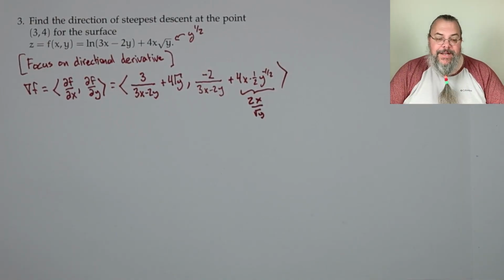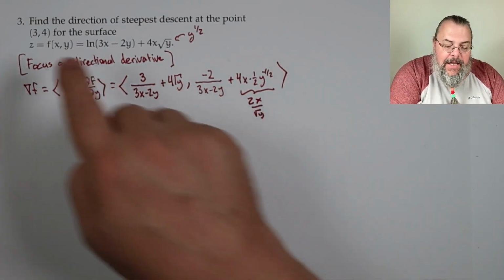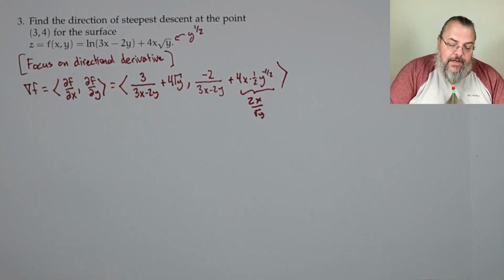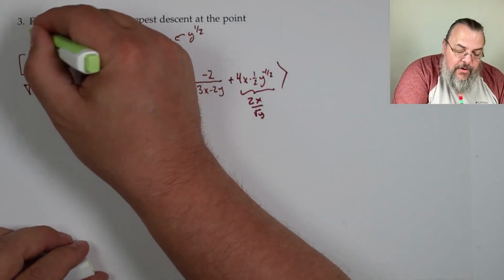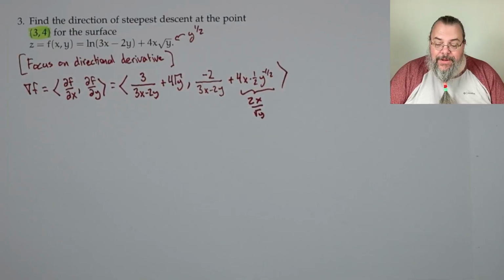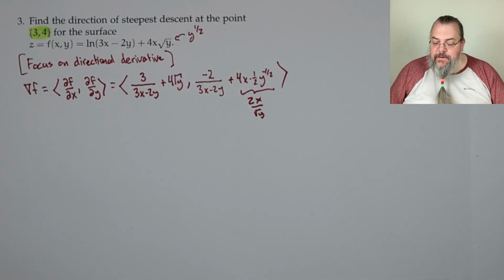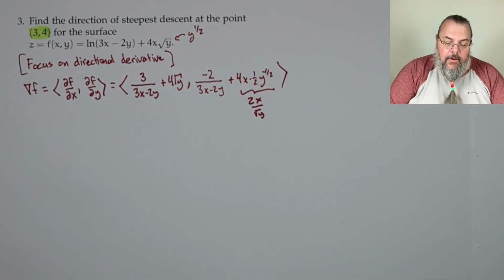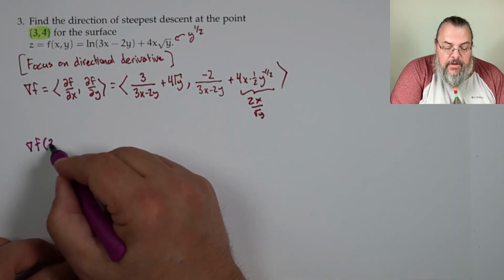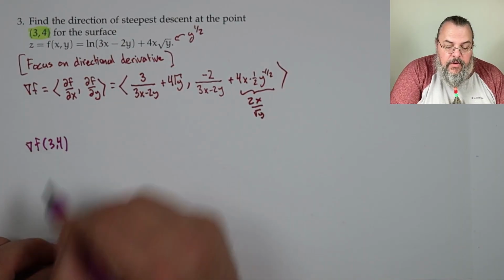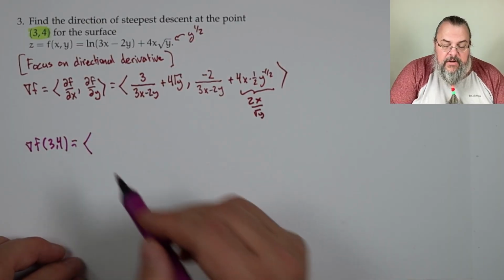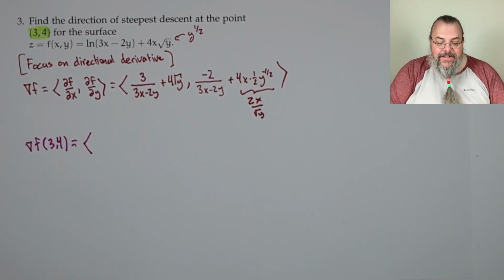But what do we need? Well, we need the gradient at a point, right? Because we're at the point (3, 4). So what we now need to do is evaluate. So we're going to do that next. What is the gradient of f at (3, 4)? Well, again, it's a vector. Gradients are always vectors, so make sure it's a vector.